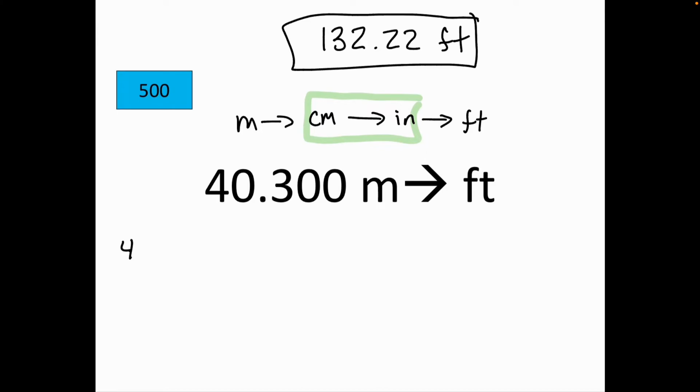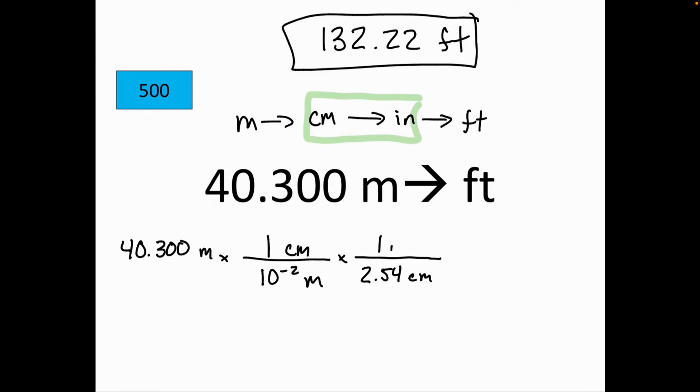So I'm going to start with my 40.300 meters, and I'm going to use the fact that 1 centimeter is 10 to the negative 2 meters. Now I'm in centimeters, and I can go to my conversion page and find that there's 2.54 centimeters in 1 inch. And then finally, 12 inches are in 1 foot.